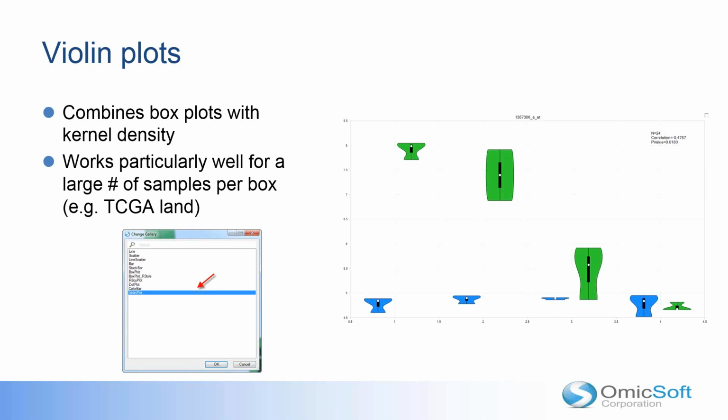So in this case, if you want to see the kernel density or some sort of bimodal or multimodal distribution, just change the gallery to violin plot. It's very simple to use, and sometimes it could be very intuitive to be able to tell the distribution of the data points.